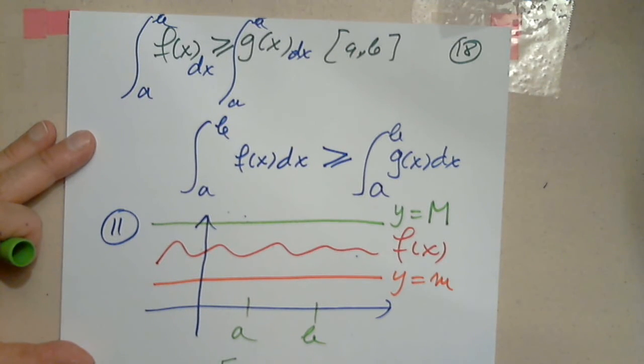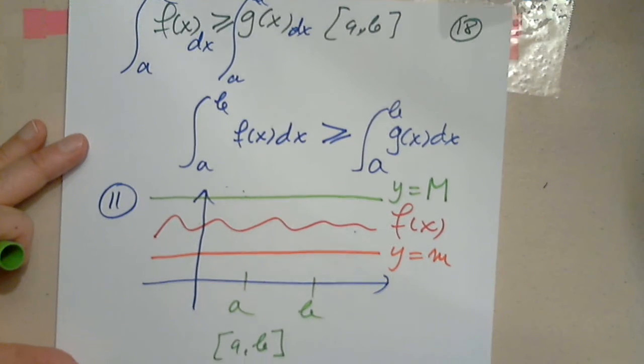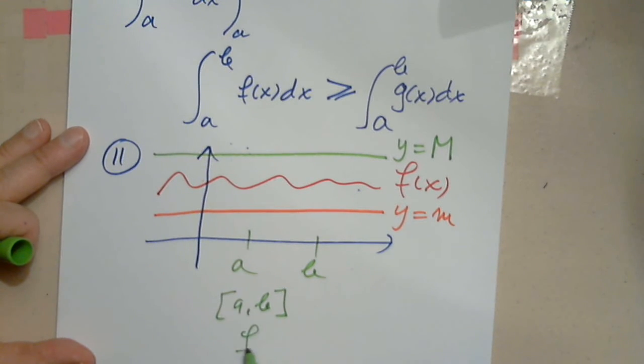Can I say that on the interval a comma b, according to my graph, f of x is between lowercase m and uppercase M?